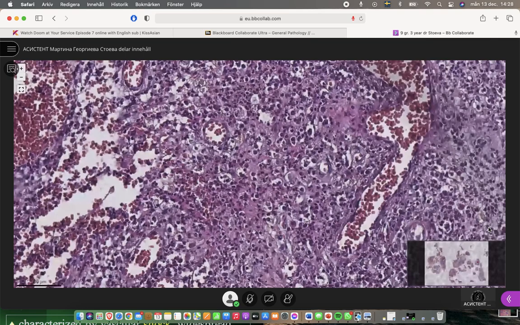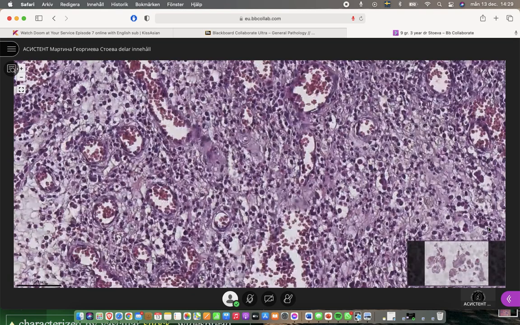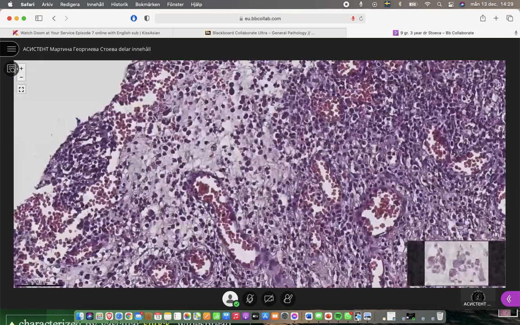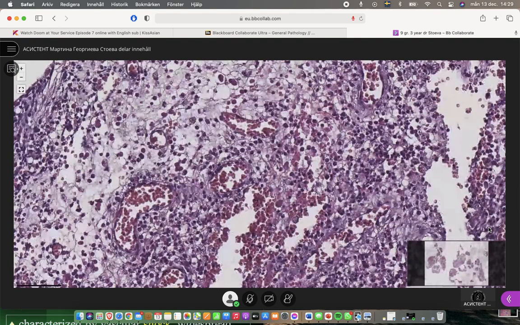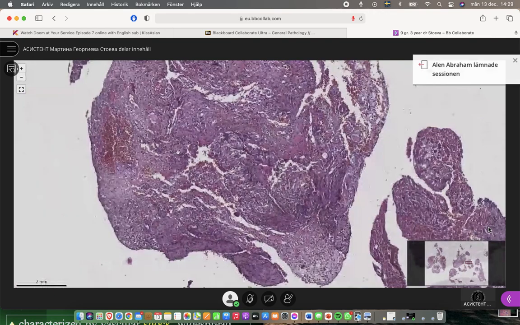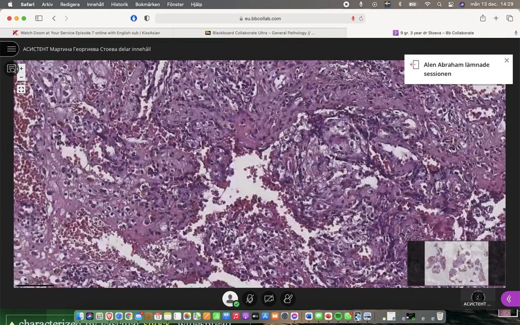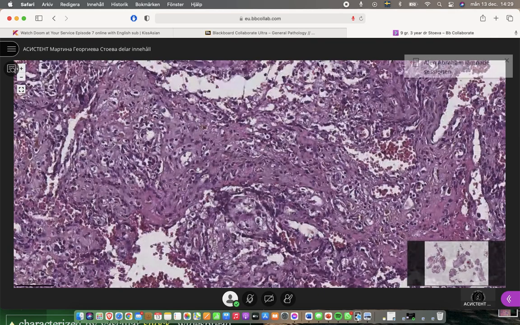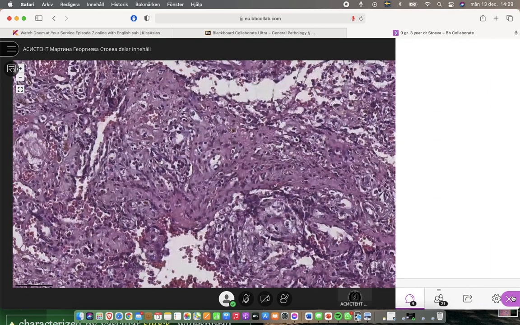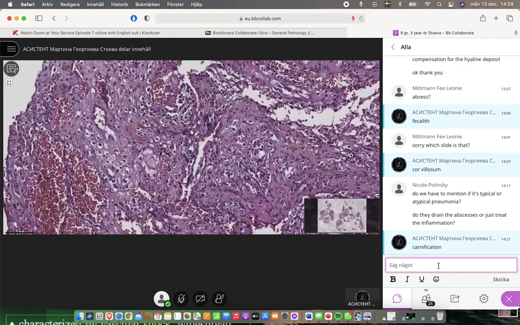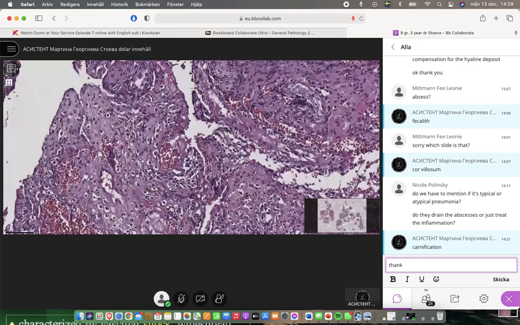Honestly, in our case, it's not that easy to find some fibroblasts. Oh, here there are some.